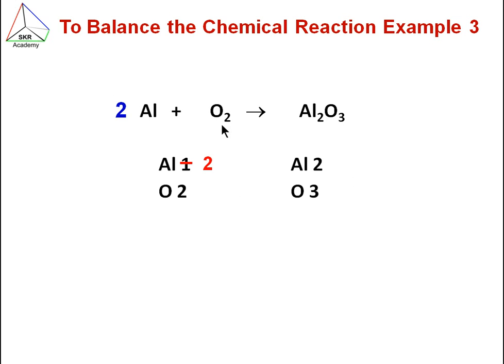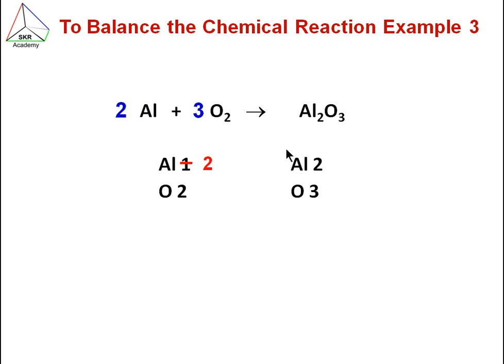And now what to do? You can see on the left hand side there are 2 oxygen, and on the right hand side there are 3 oxygen. To balance them we have to cross multiply, 2 multiplied by 3 and 3 multiplied by 2, then they will become 6 on both sides.